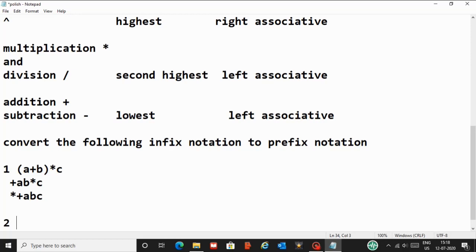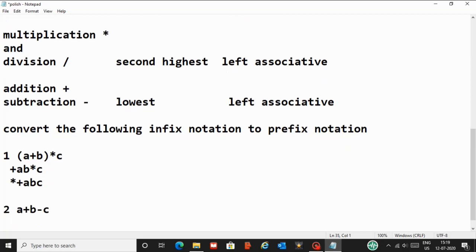Now the next one is A plus B minus C. What should I be doing here? A plus B minus C is my expression.